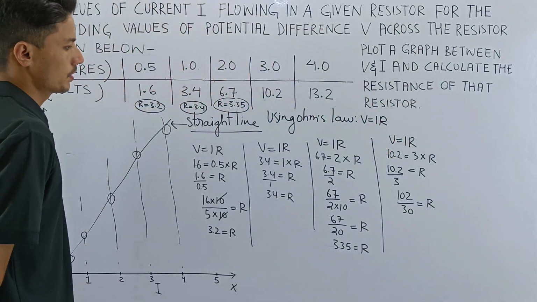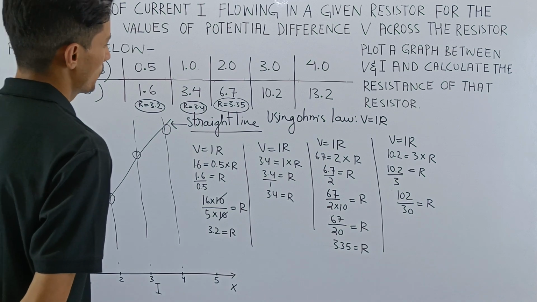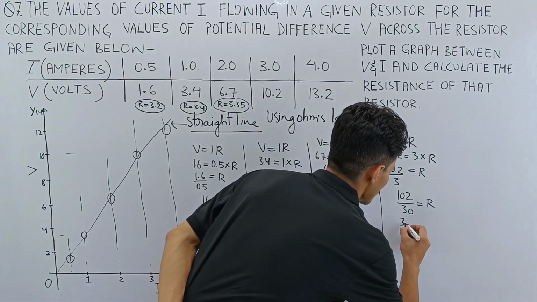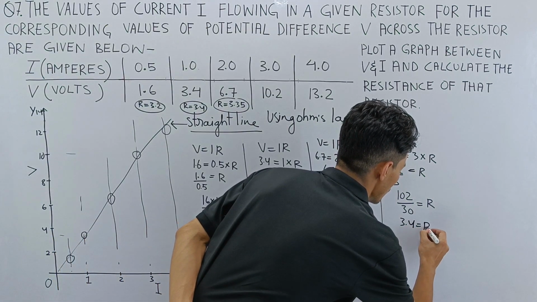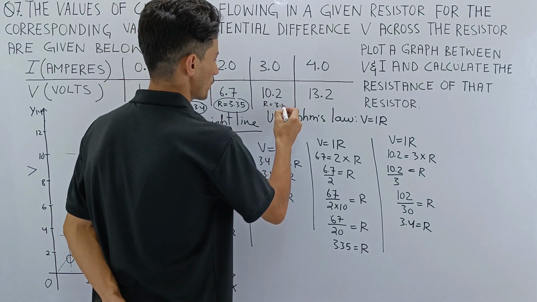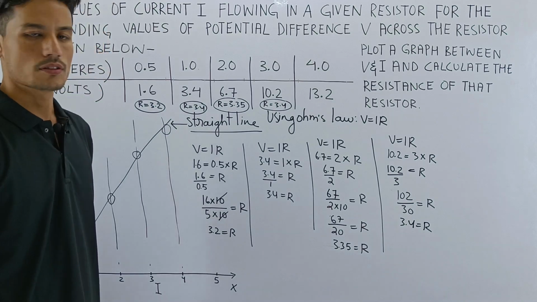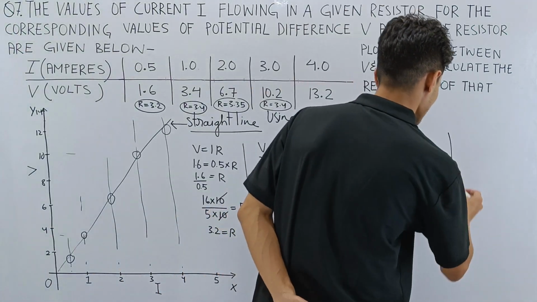Now if we divide 102 by 30, what do we get? We get 3.4. So R is equal to 3.4. So R value here is 3.4.